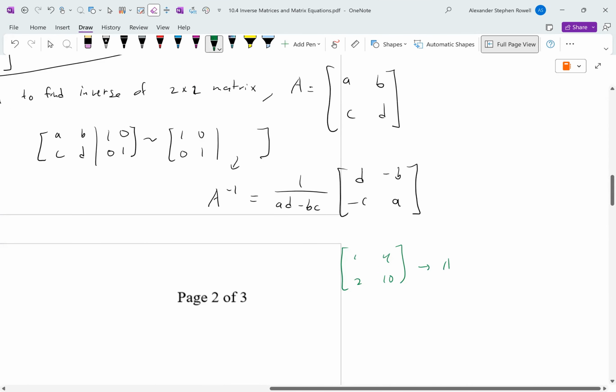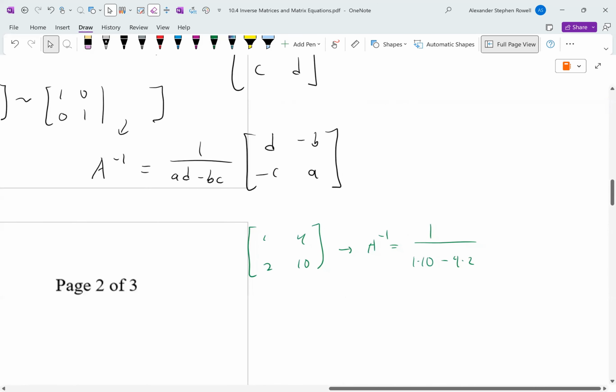Okay, so the inverse of this should be 1 over AD, which is 1 times 10, minus BC, 4 times 2. What's that? Yeah, 1/2. That's right, 1/2. Any questions about that so far?